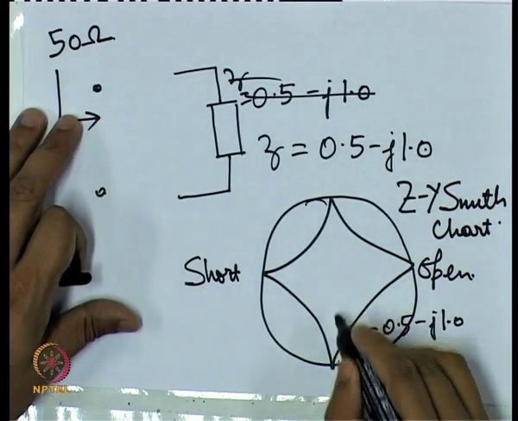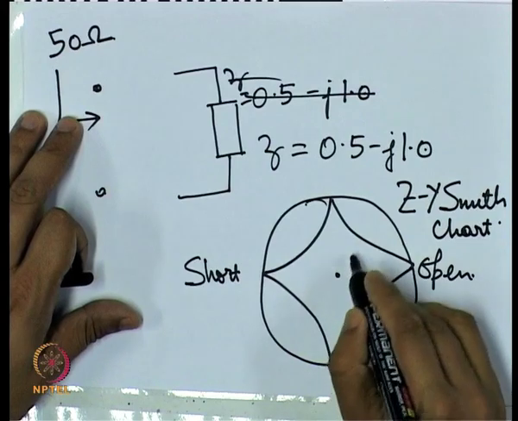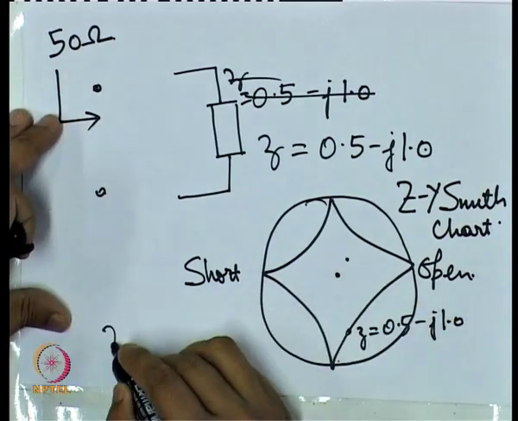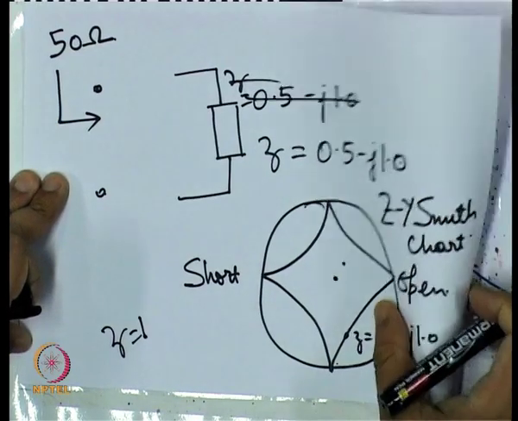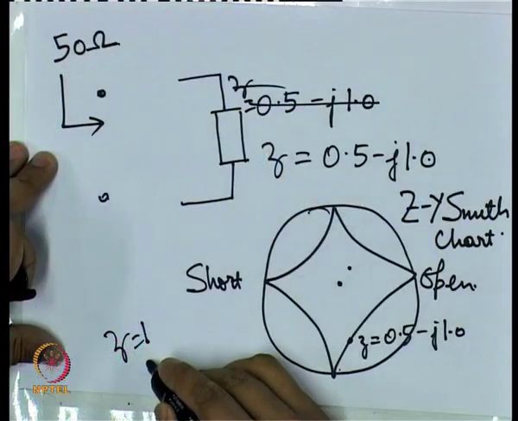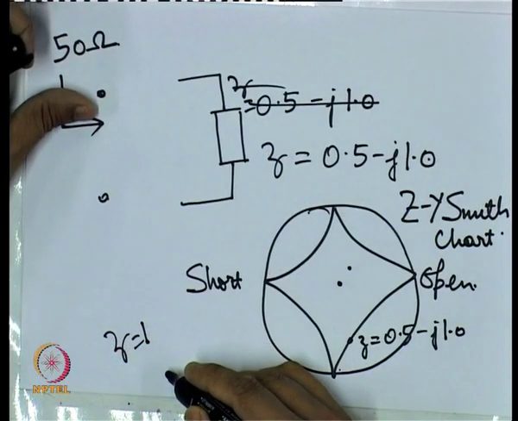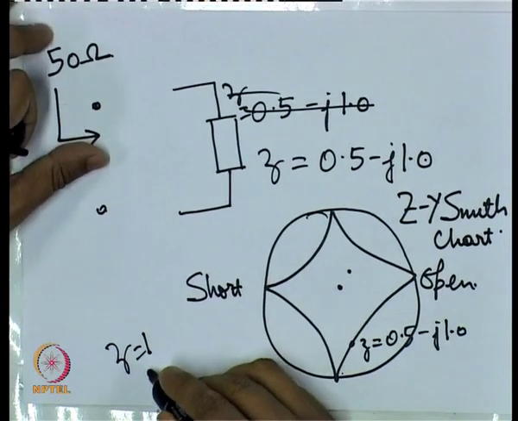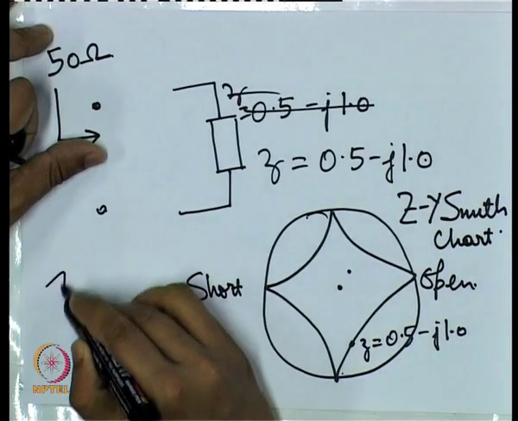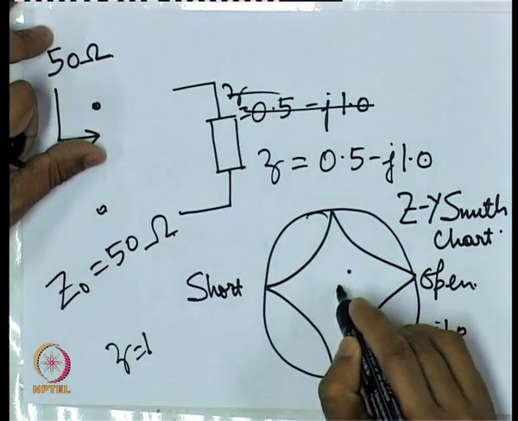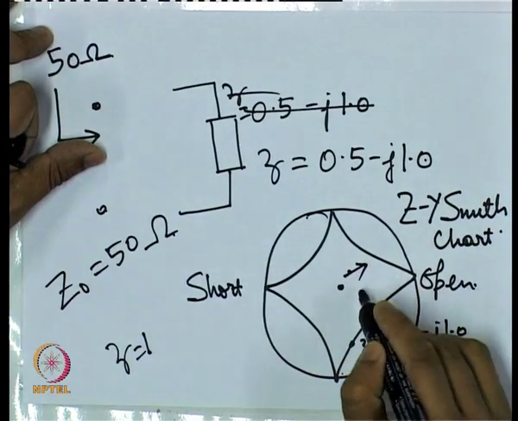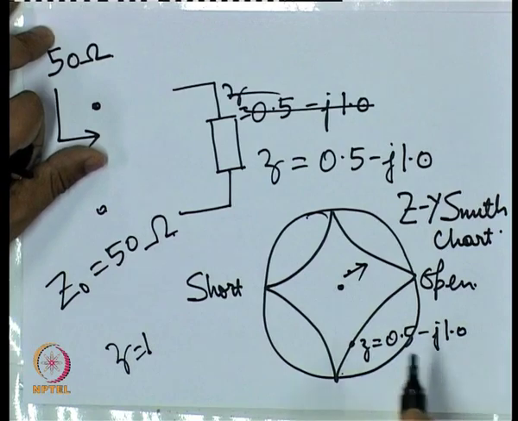So from here we will have to bring it to the center, because this is the point corresponding to Z equal to 1. This is the normalized impedance, and normalized impedance corresponds to whatever our characteristic impedance is. In this case, suppose our Z0 is equal to 50 ohms, then this point will correspond to the Z equal to 1 or the 50 ohm point.